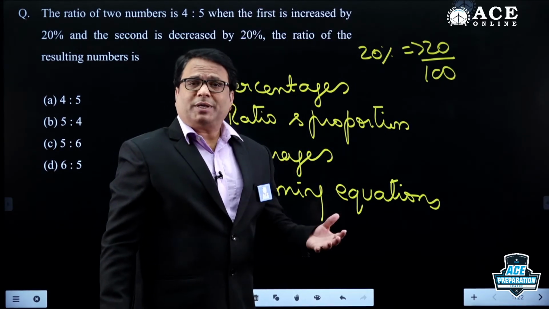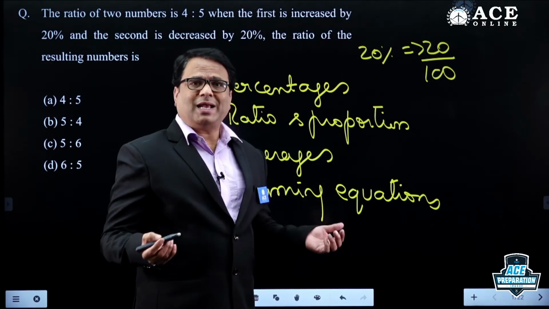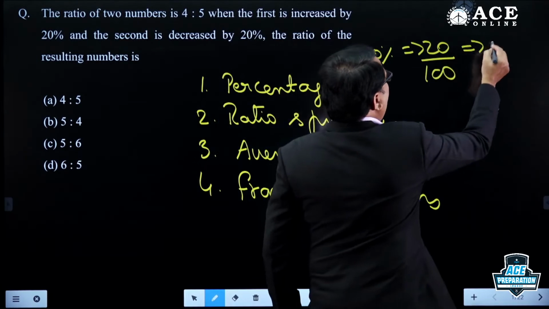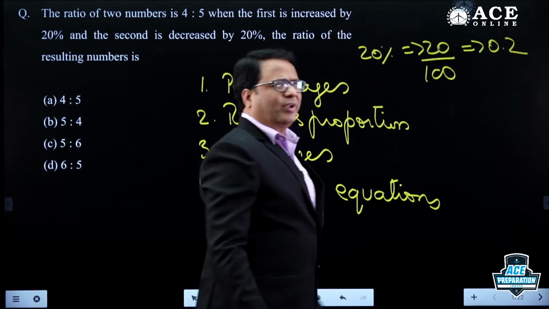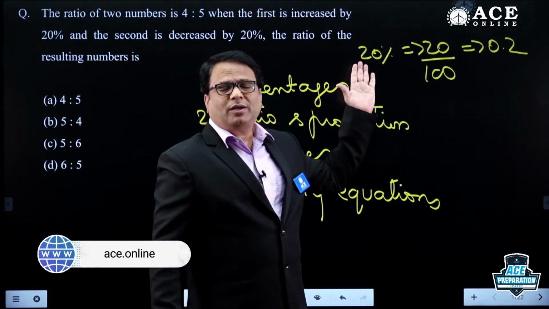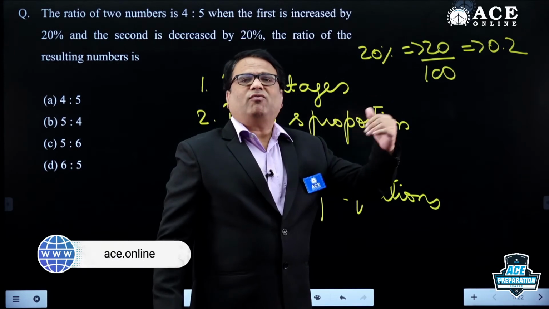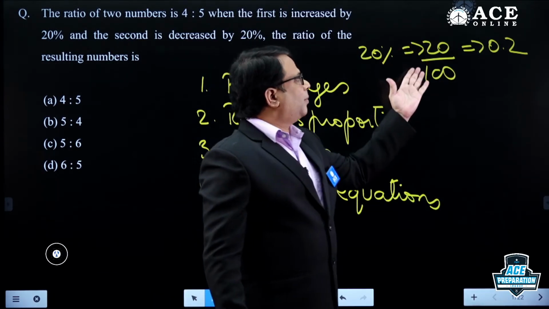And you can also write percentages in decimals. You can represent a percentage in decimals as well. That is 0.2. So we can write percentages in 3 formats. This is the standard format of writing a percentage. And its meaning is 20 out of every 100. So 20 by 100.